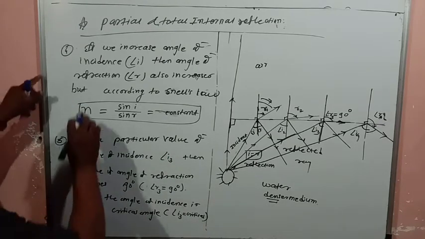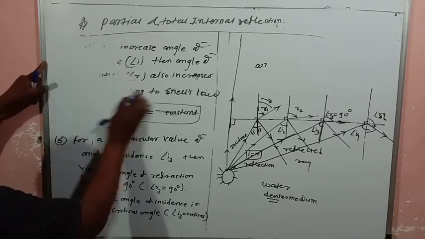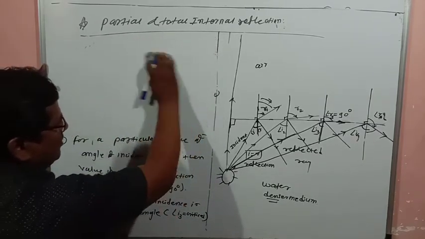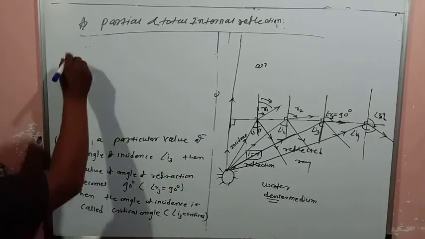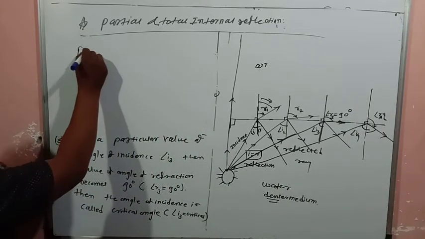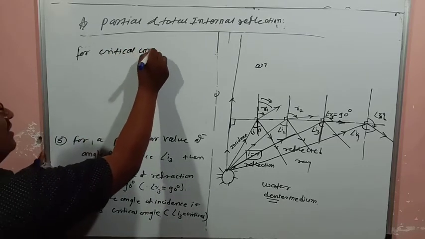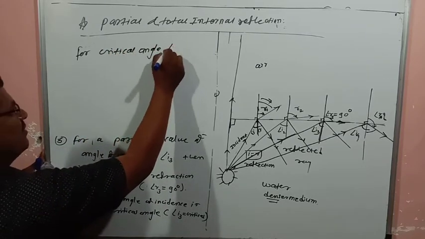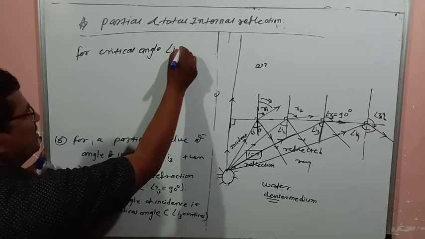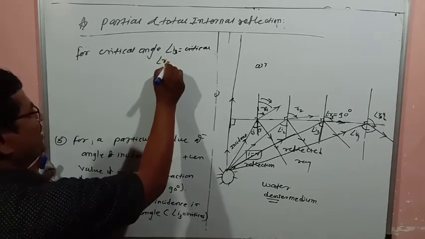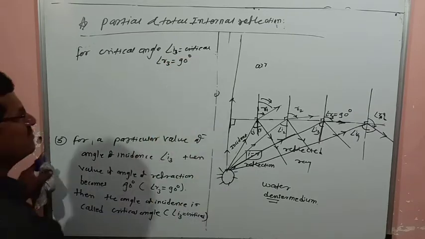So next here we'll write this one. One minute. So for critical angle, that means I3 is critical, angle R3 is 90 degree.